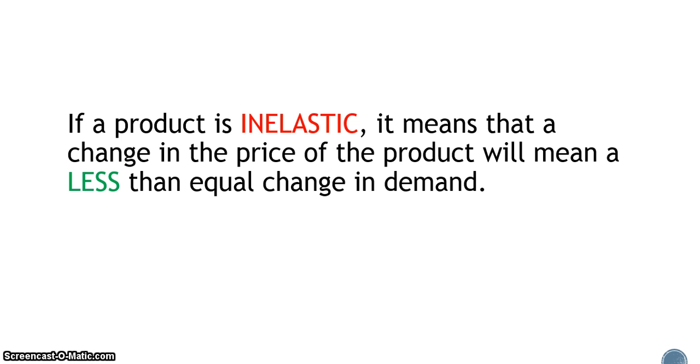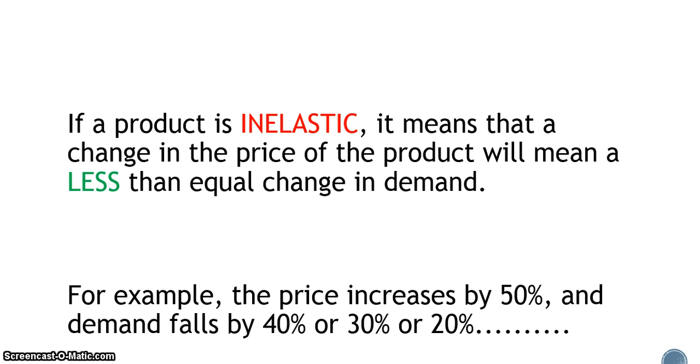If something is inelastic, so if it's between 0 and -1, it means that a change in the price of the product will mean a less than equal change in demand. Example of that: if I increase the price by 50%, demand will fall by 40% or 30% or 20%.